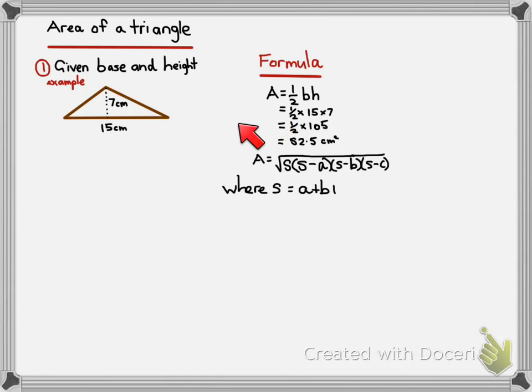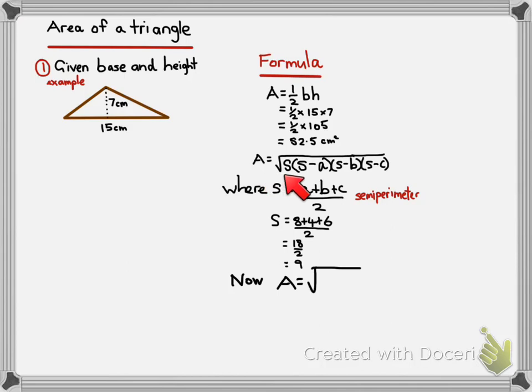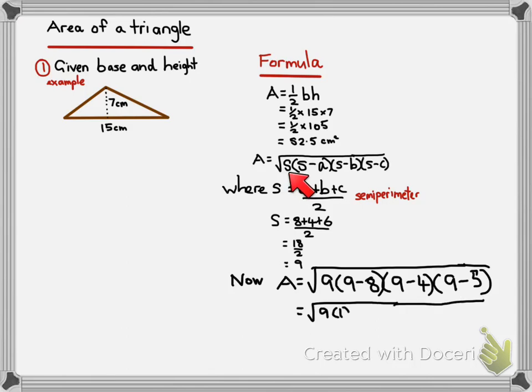Now there is another formula called Heron's formula which can be used to find the area of any triangle, but you need to know all three sides. Heron's formula involves finding an item called the semi-perimeter. We use S for the semi-perimeter. The semi-perimeter means half the perimeter of the triangle.